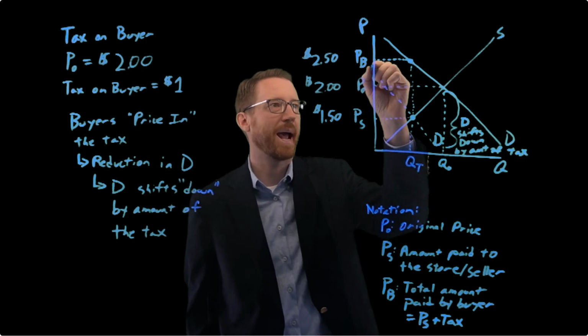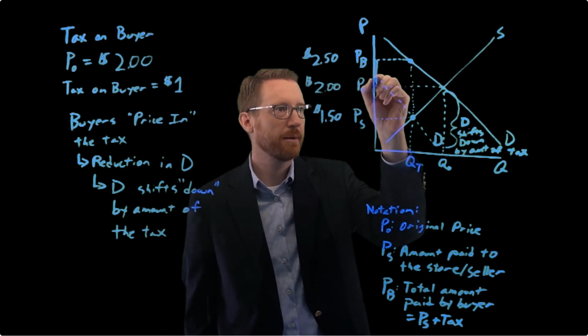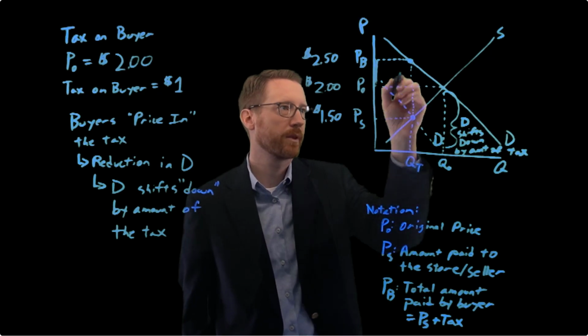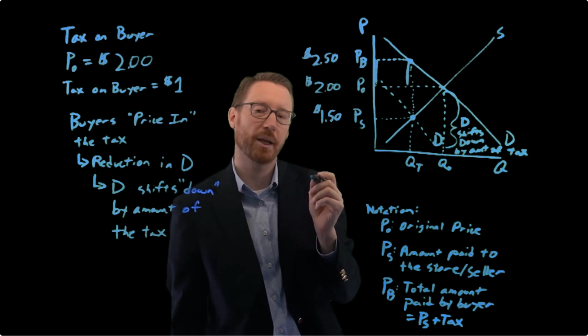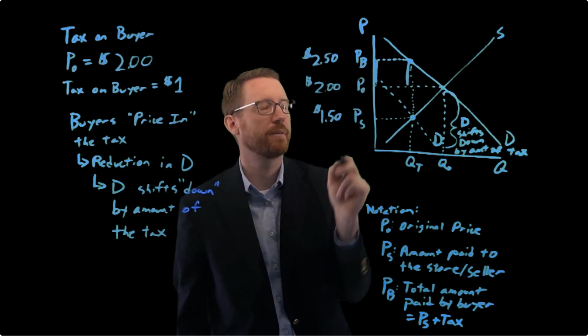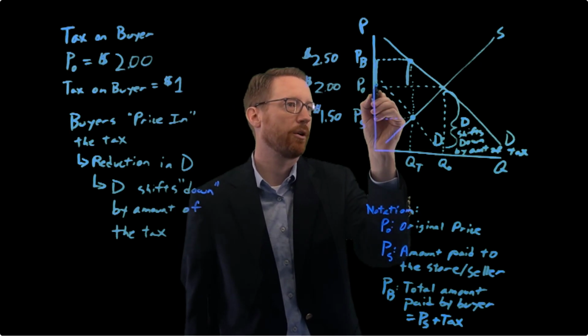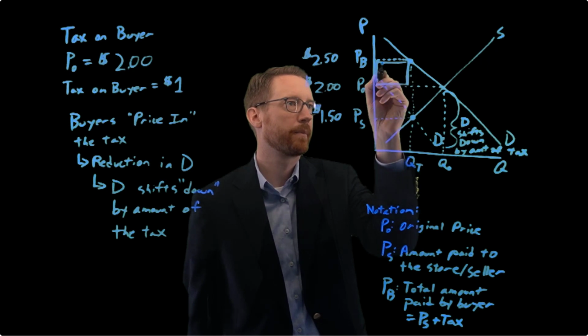Where can we see that? Let's start with the buyer. The buyer is paying more than they were before, right? This vertical distance is between what they were paying and what they are paying now. In this case, $2 up to $2.50. They're paying 50 cents more, and that's on each bag of M&Ms they buy.